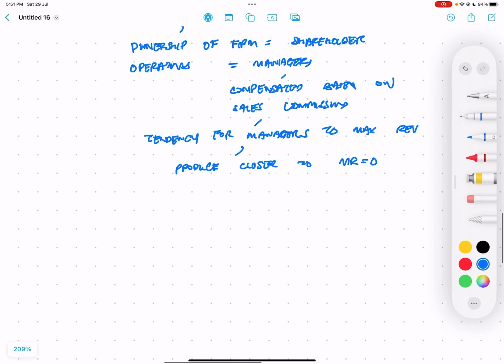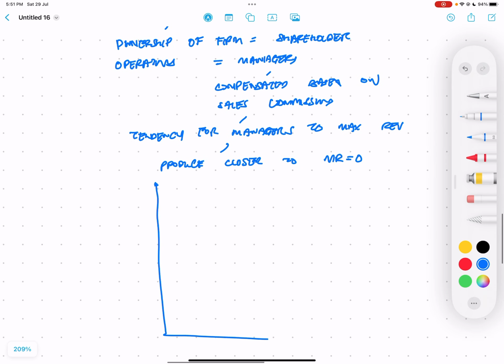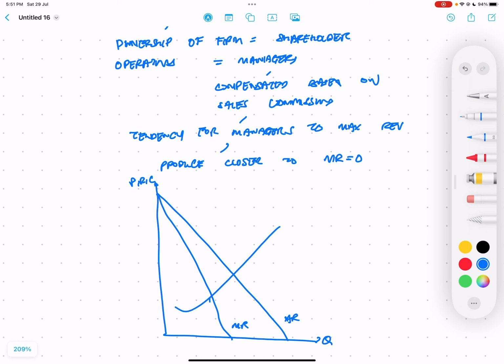So the way this works is if you draw the profit max diagram, and this is your AR, this is your MR, then you are supposed to stop here, at QM and charge a price of PM, right? MC equals MR.